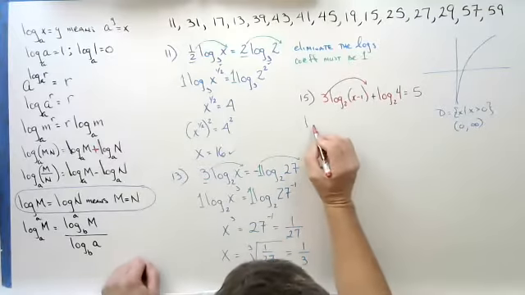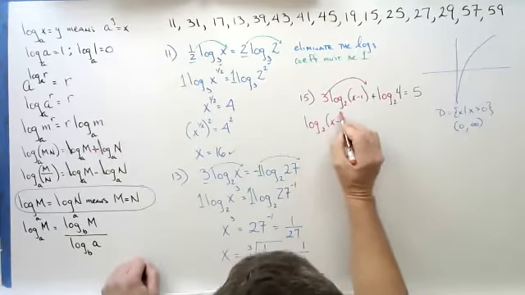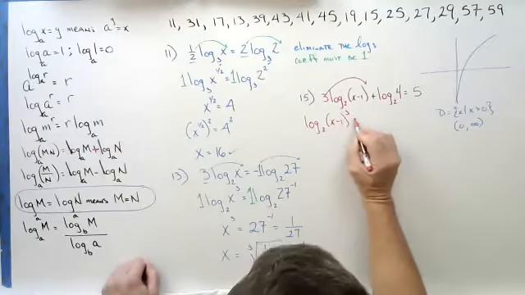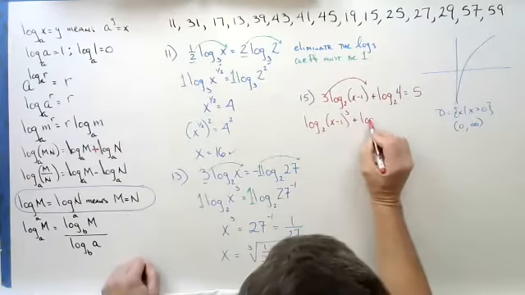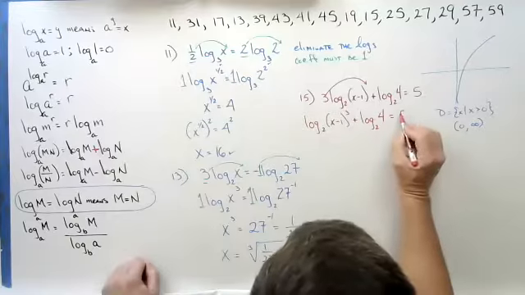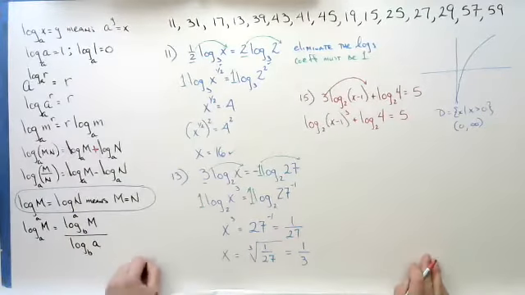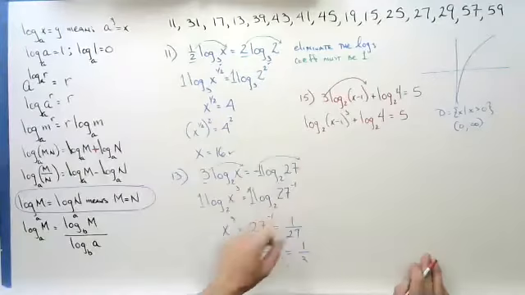Now we're going to rewrite this. Now we can put those logs together. Okay, now we can put them together because we have a 1 and we have a 1.